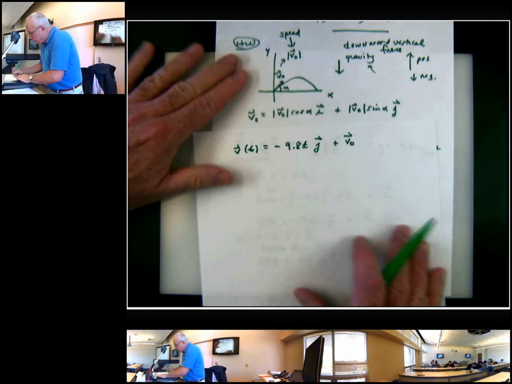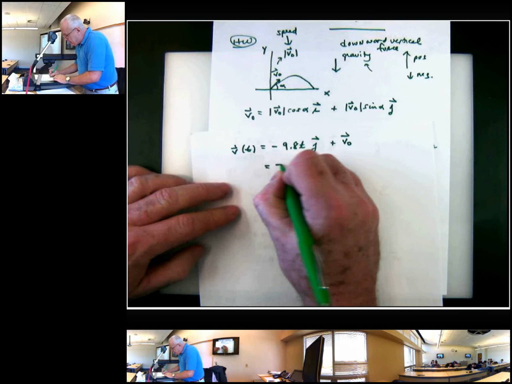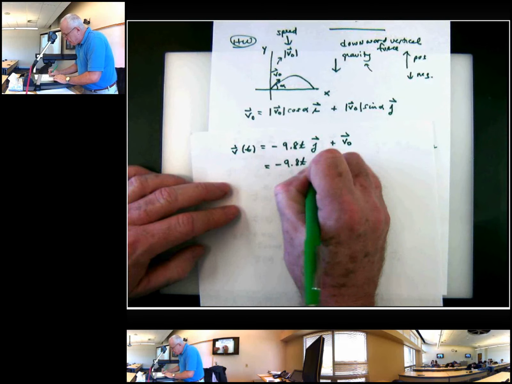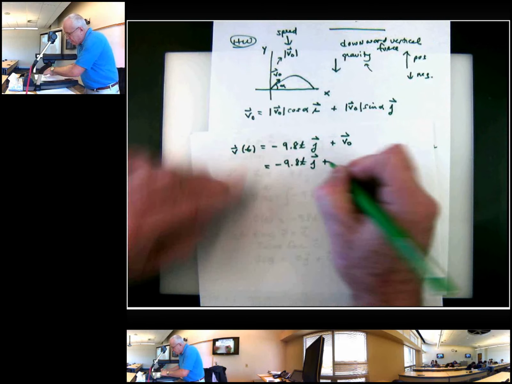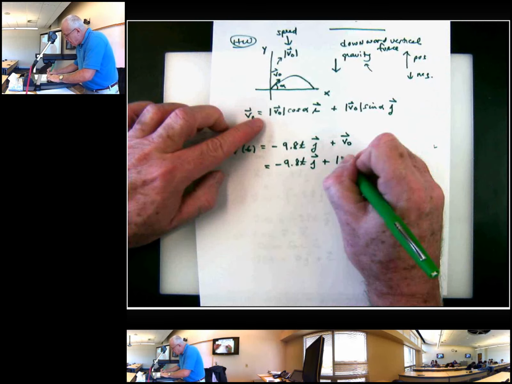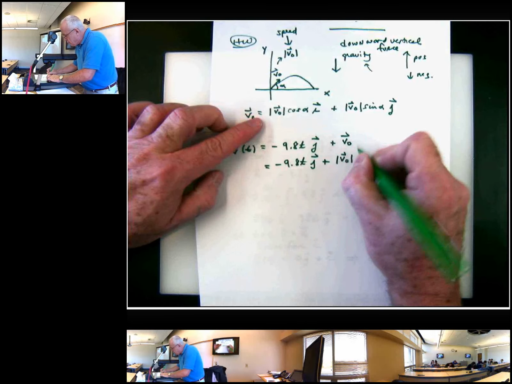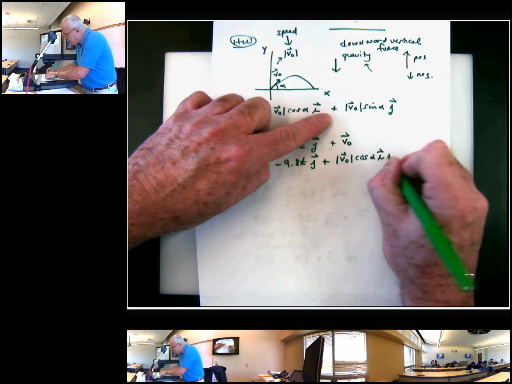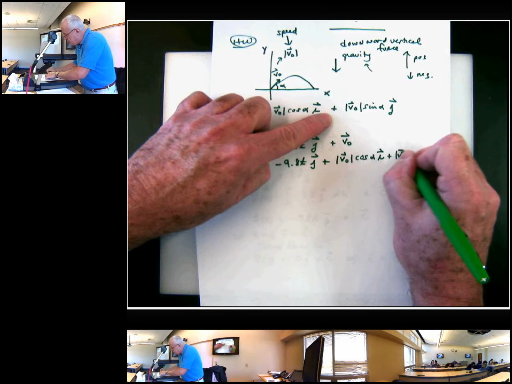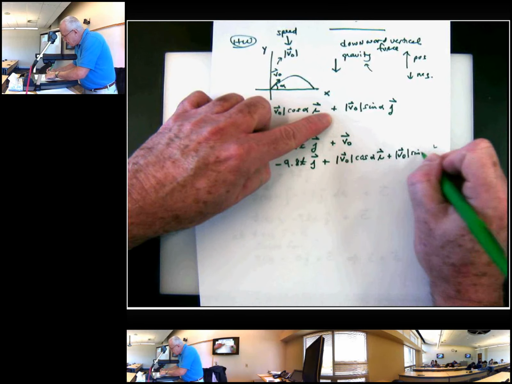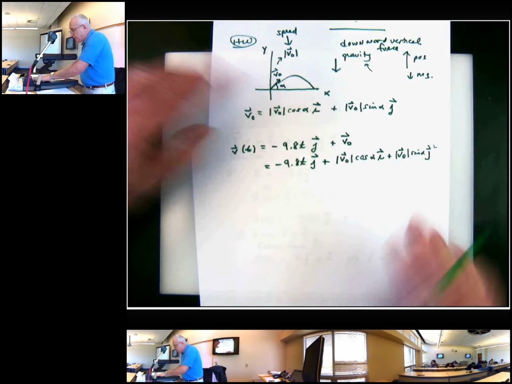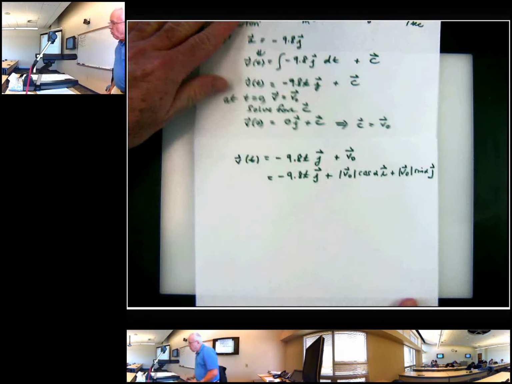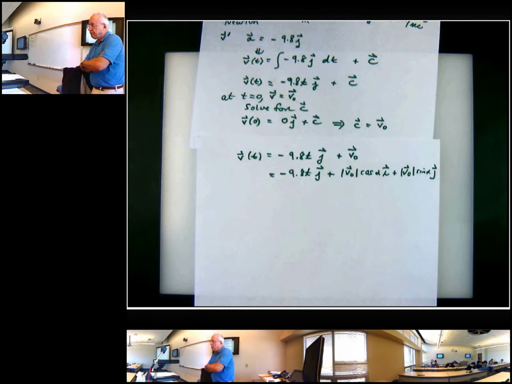So I have minus 9.8 t times the j vector plus the magnitude of v naught cosine of alpha times the I vector plus the magnitude of v naught sine alpha times the j vector. I'm just replacing that with v naught.